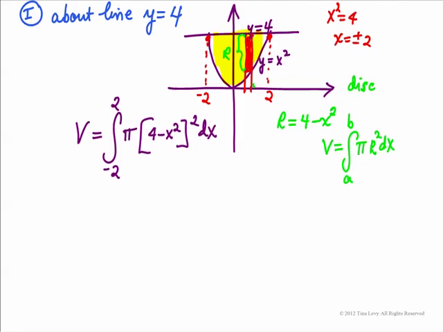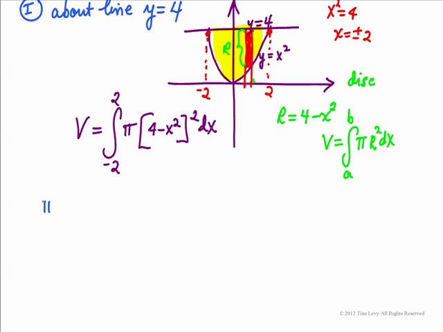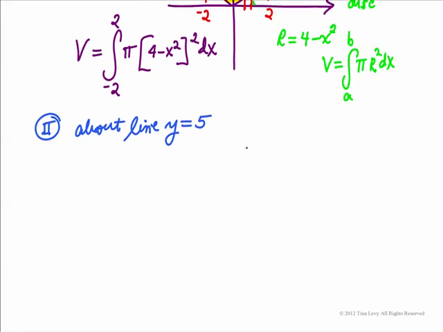Now, as a second problem, instead of just rotating about the line y equals 4, we're going to rotate about the line y equals 5. I'm going to draw the picture again. We have y equals x squared and y equals 4.